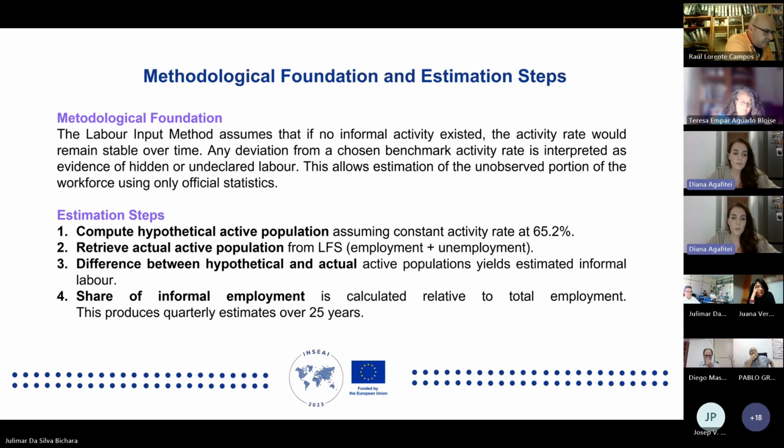In the next step, we retrieve the actual active population from Eurostat data, which consists of the employed population and unemployed population. And finally, in the third step, we compute the difference between the hypothetical active population computed in step 1, where we don't assume any informal workers, and the active population that was determined in step number 2.